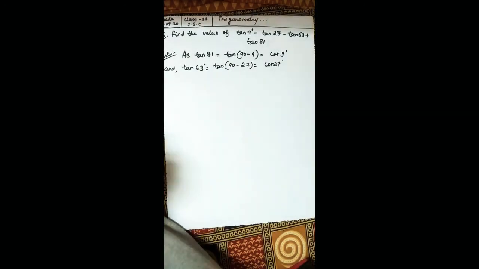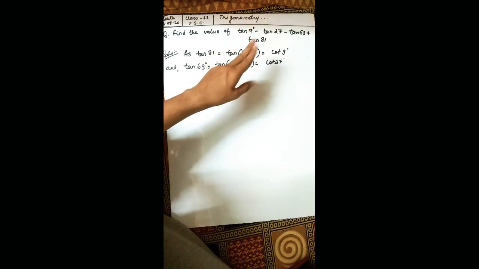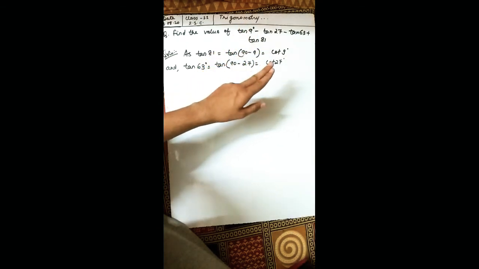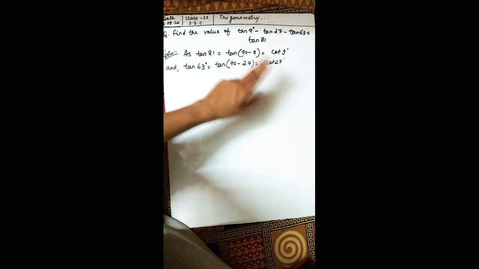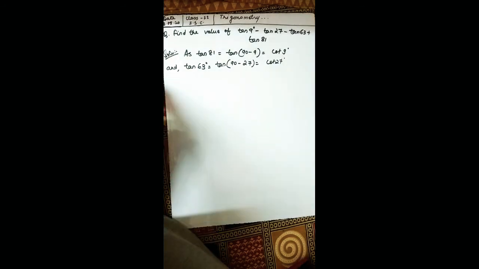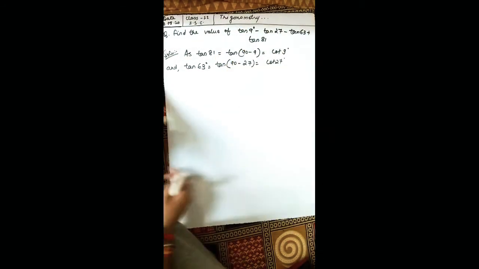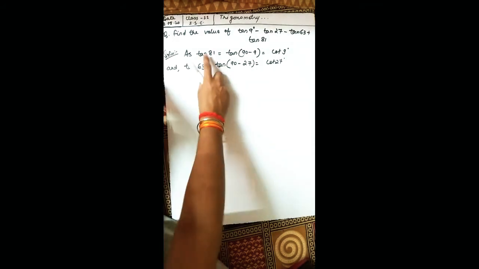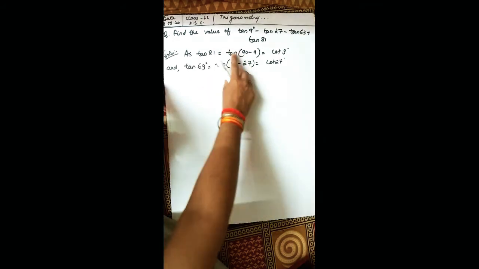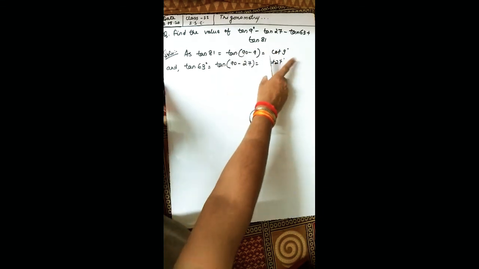Okay, let us come to this question. It says, find the value of tan 9 degree minus tan 27 degree minus tan 63 degree plus tan 81 degree. So how to do this question? First of all, see, this 9 and 81 are related, 27 and 63 are related. So I'm trying to write tan 81 as tan(90 minus 9), and tan(90 minus theta) is cot theta, so cot 9 degree.